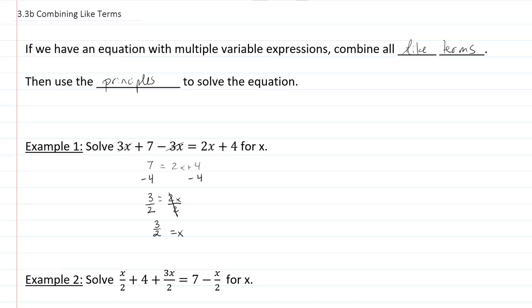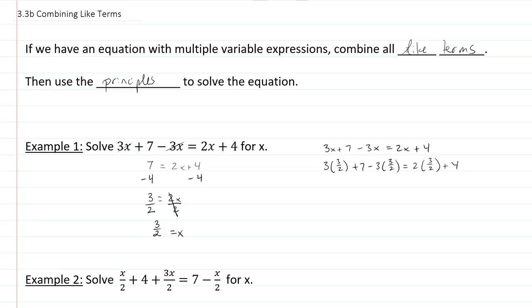So let's plug it back into the original expression. 3x plus 7 minus 3x equals 2x plus 4. Let's plug in 3 over 2. So 3 times 3 over 2 plus 7 minus 3 times 3 over 2 equals 2 times 3 over 2 plus 4.